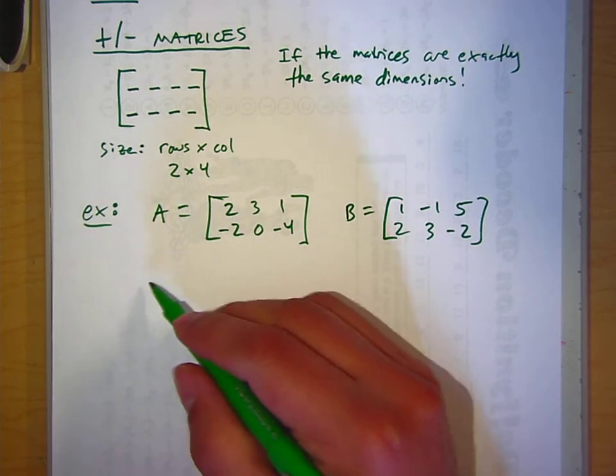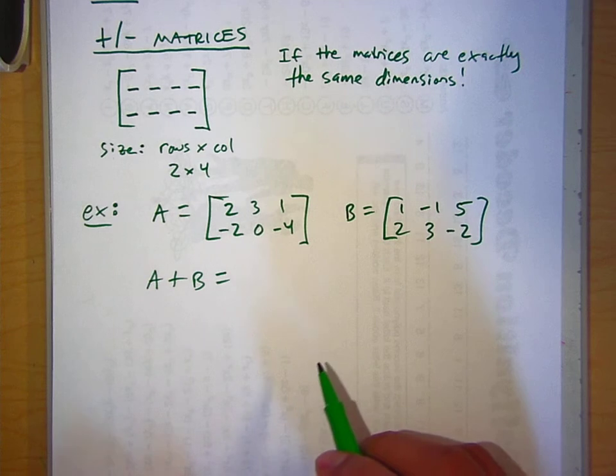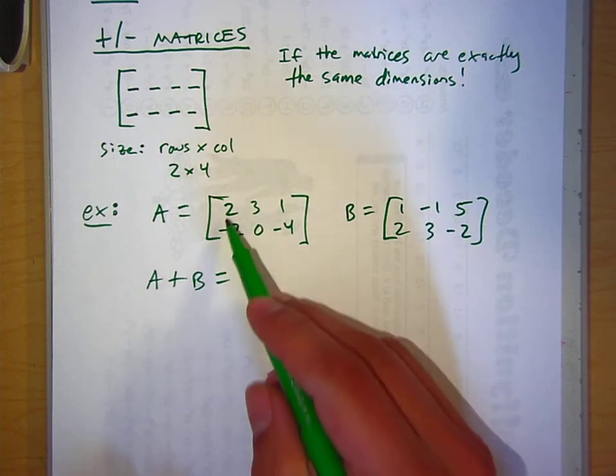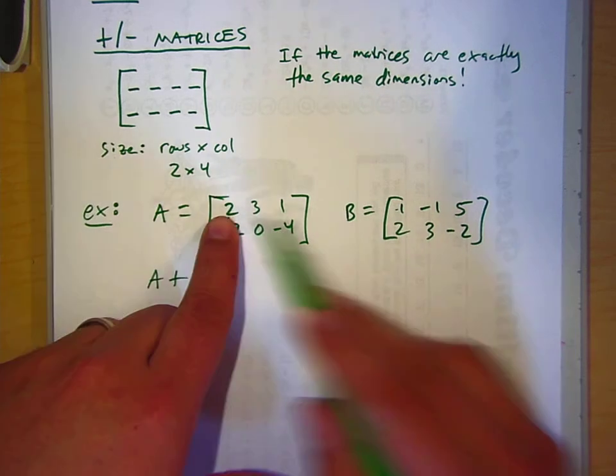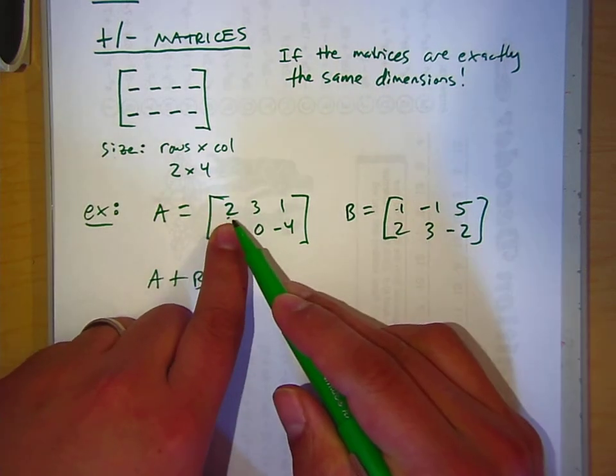If I wanted to add A and B together, how do you add matrices? Do you guys remember? Yeah, so each corresponding entry, that's right.